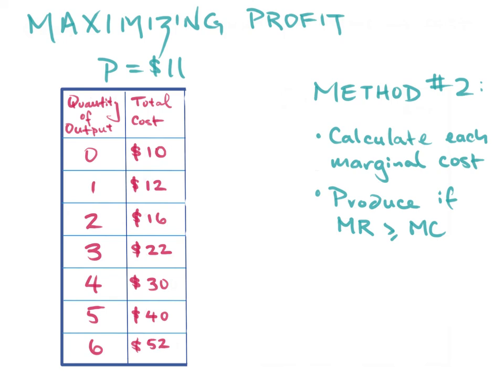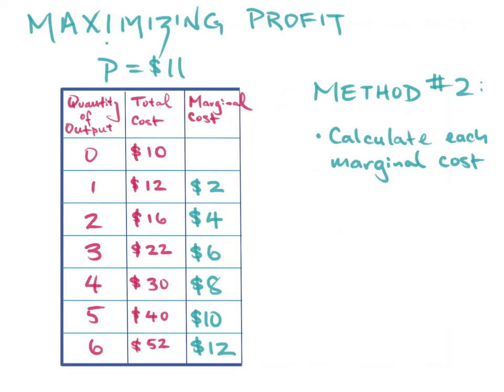Let me call this method number 2. Really, in truth, it's the only method that economists think about. First, calculate each marginal cost, the marginal cost of the first widget, of the second widget, and so forth. And then the firm should decide to produce that if the marginal revenue is greater than the marginal cost. Produce the second widget, for example, if the marginal revenue is greater than the marginal cost.